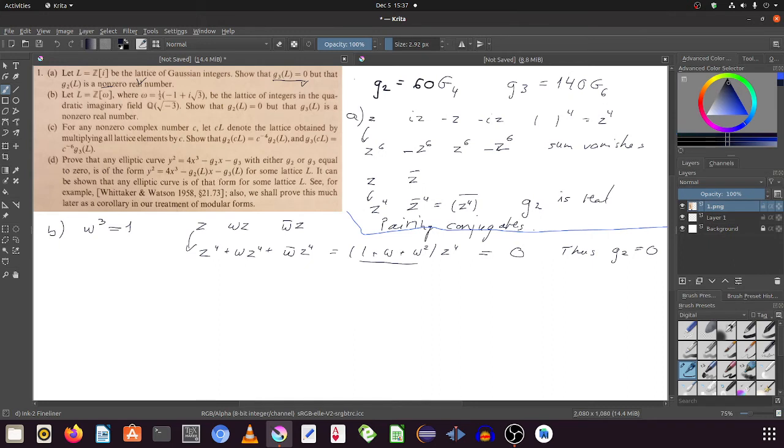Then we have to show that G3 is real. Now, what did we do up here? That was comparing conjugates. So z to the sixth and z bar to the sixth is real.